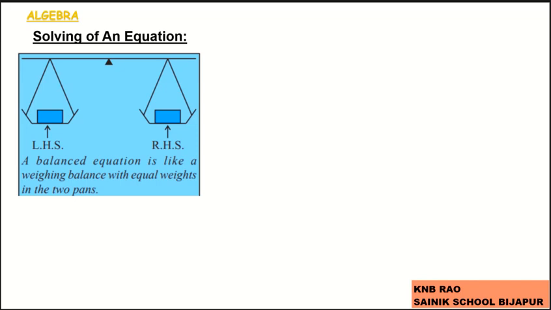In the physical balance, both the left pan and the right pan having no weights, or having equal weights, will make the bar parallel to the ground, or horizontal, and we say that it is balanced. So, a balanced equation is like a balance with equal weights in the two pans.